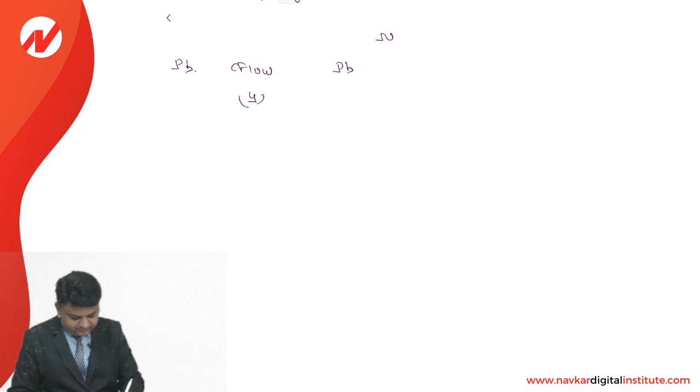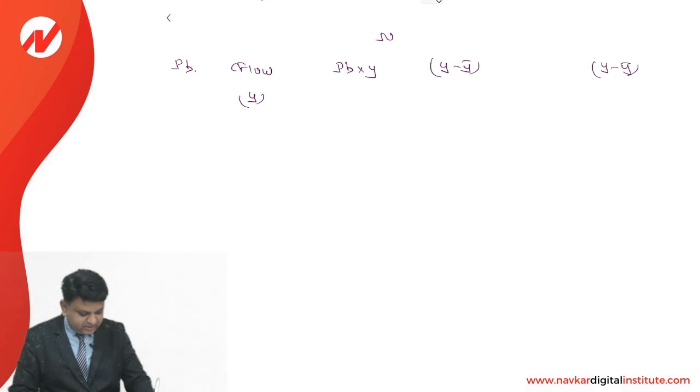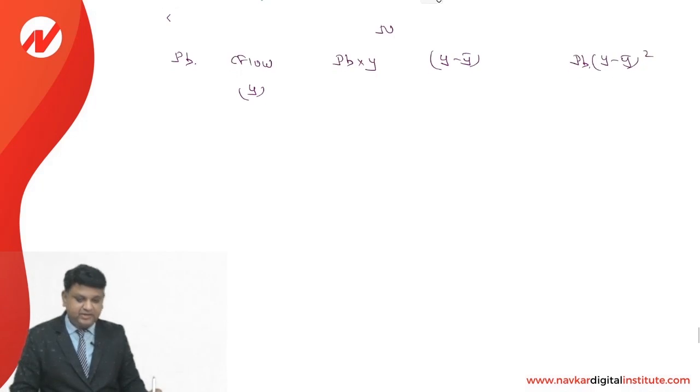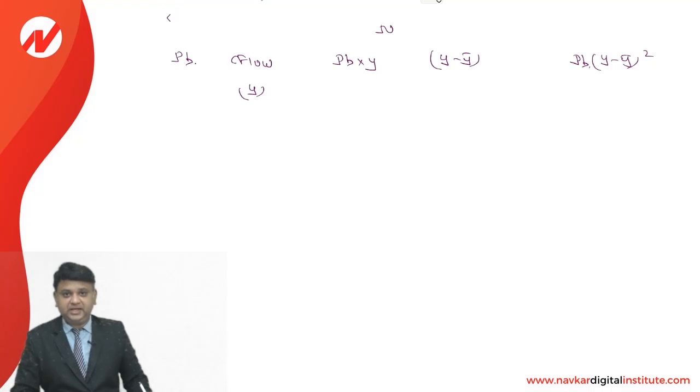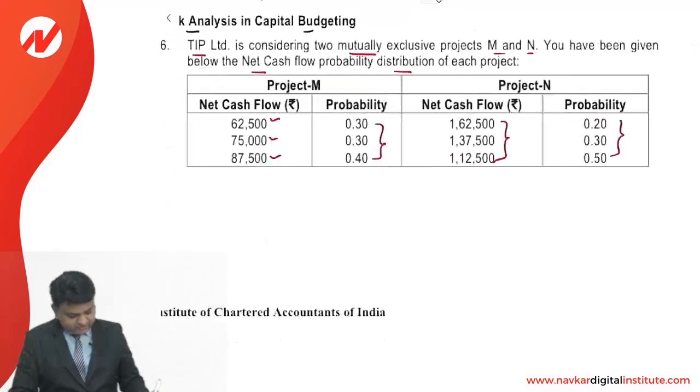Probability into Y. We'll get the Y bar. Y minus Y bar. Then it is Y minus Y bar whole square into probability, and summation of that will be variance. This is the way we are required to make the computation of the variance, and then under root of the same later on we will be doing for calculation of the standard deviation.